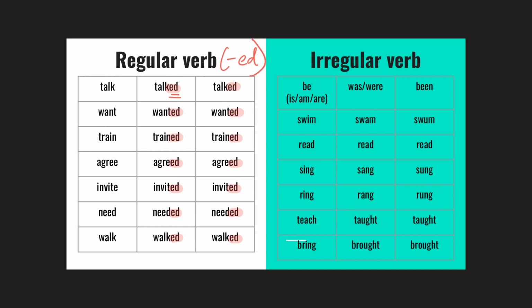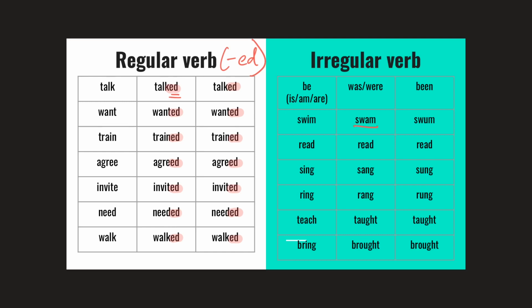Whereas for the irregular verb, the past tense form is different, right? The spelling is different. It doesn't end in ed, and also the past participle is sometimes different from the past tense, and sometimes they look exactly the same. So in swim, the past tense form is swam.